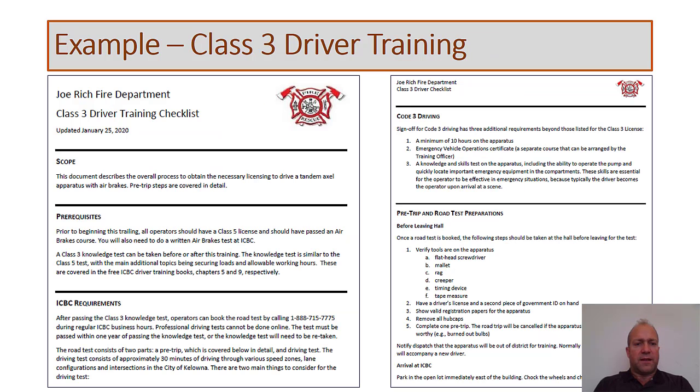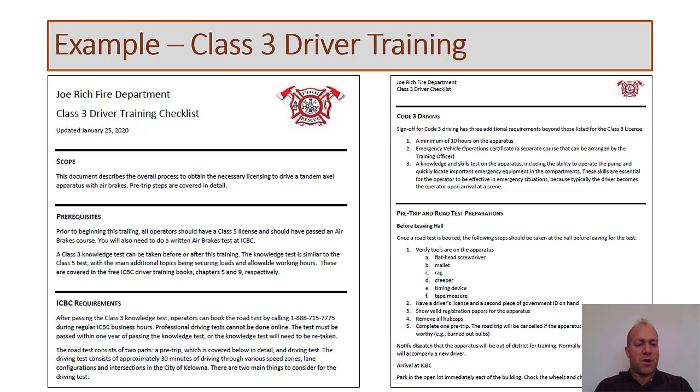Another one that I wrote is the Class 3 driver's training, and this is just kind of to illustrate that it doesn't need to be specific to earth and environmental science. A lot of different fields of study will use the same type of format. So this was for a Class 3 driver training checklist, and as you can see, it has a lot of the same elements that we would have in, say, a calibration manual in the laboratory. So it defines the scope, who is this written for, and the purpose. What are the prerequisites?